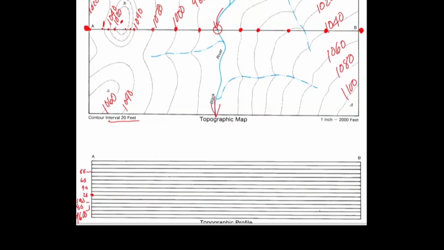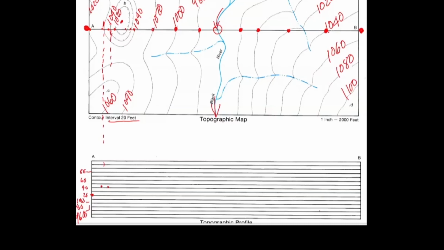The next point is here. Drop a line straight down to 1,040 foot elevation and make a point. Again, another 1,040 point right next to it.